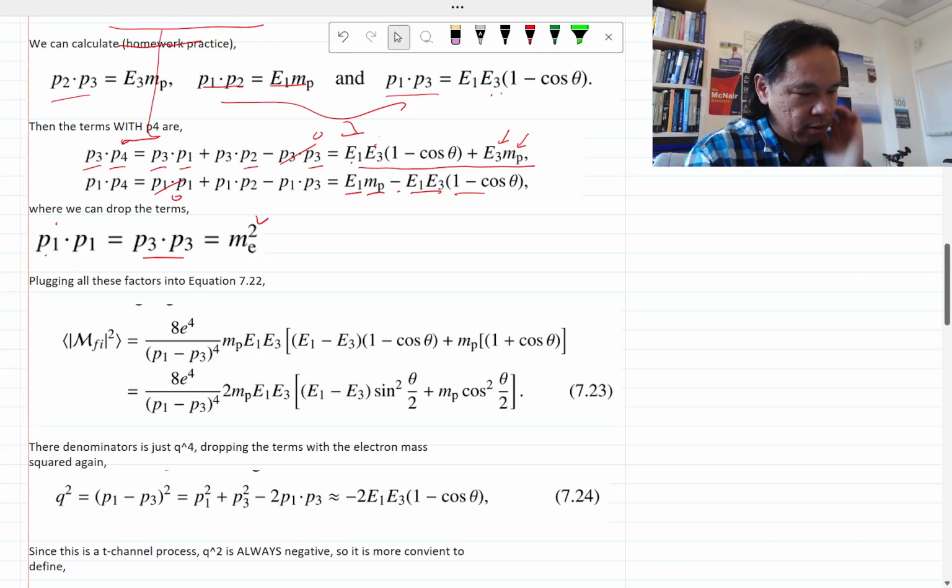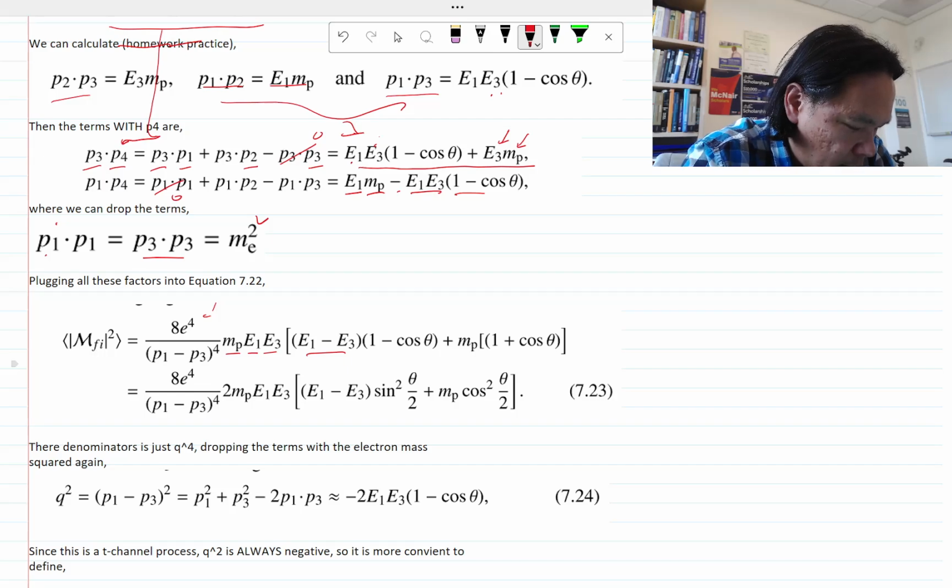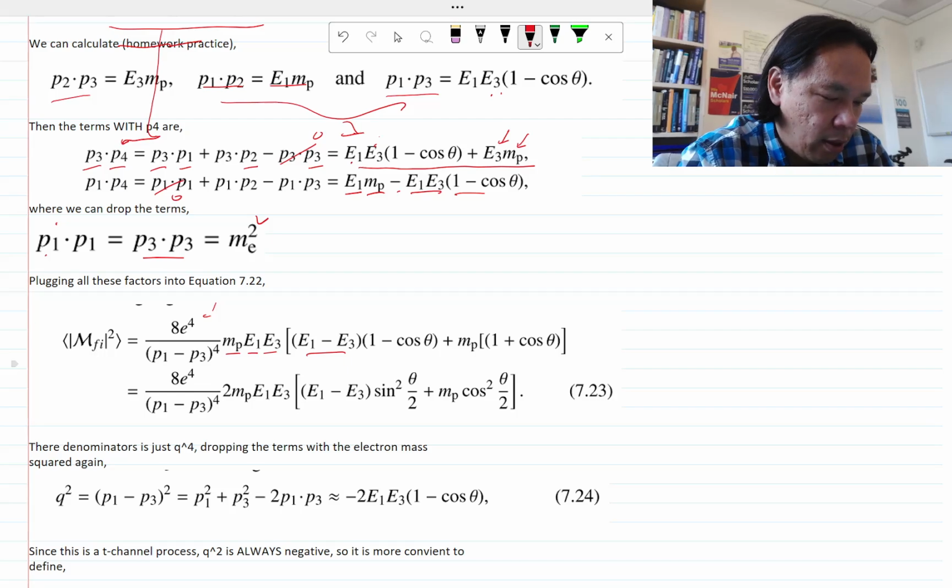What you get is the same factor in front still. And then you can factor out the mass of the proton, E1, E3. And you have the difference between E1 and E3. This is going to be a positive number because every time the scattering happens, the electron will always lose a little bit of energy.